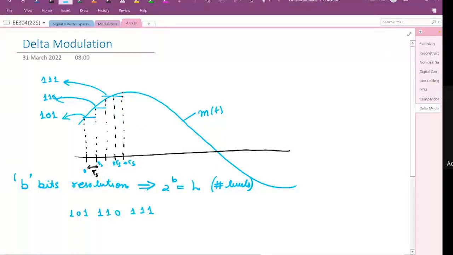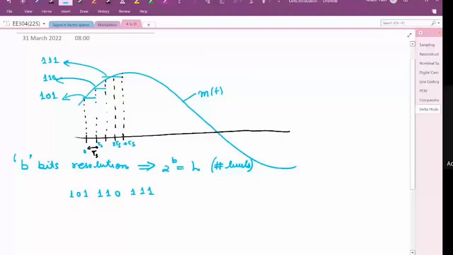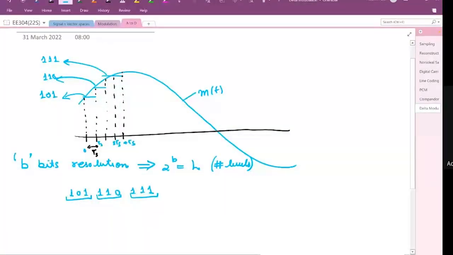So the trouble is that there are L levels, and we have seen that if the signal is more concentrated towards lower amplitude levels rather than higher amplitude levels, then we can use companders to cope with that.